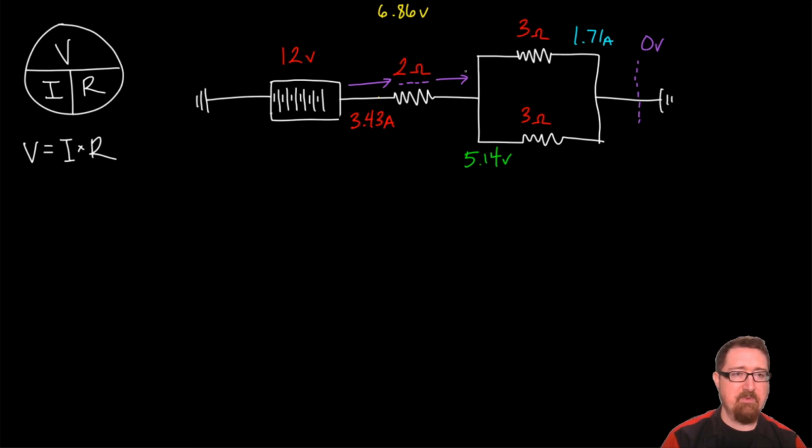And as I swing up, I encounter another resistor at 3 ohms at a current of 1.71 amps. As soon as I'm done flowing through this resistor, I am now going to be flowing here and out with a 0 voltage and swinging back into the battery.